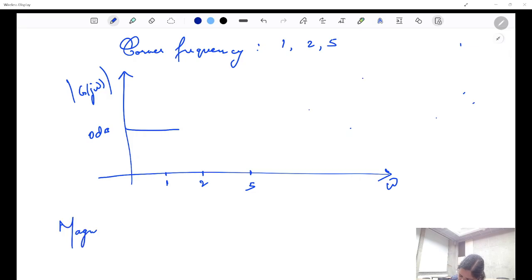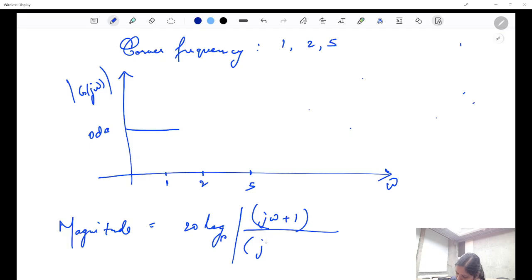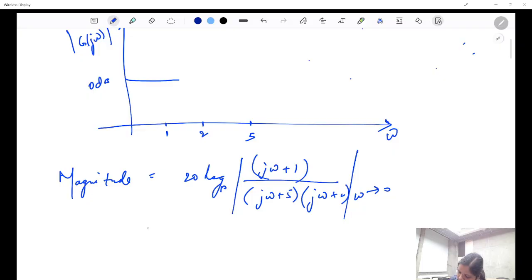Magnitude is 20 log 10 of (j omega plus 1) upon (j omega plus 5)(j omega plus 2), with omega tending to 0, that is what we want to know, right? So it's going to be 20 log 10.